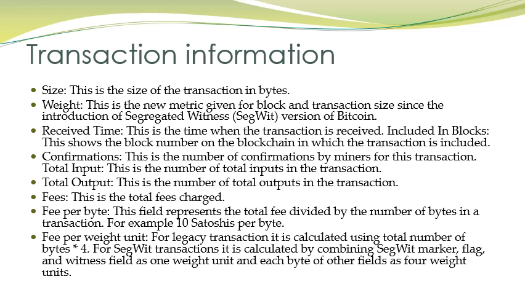Fee per byte represents the actual total fee divided by the number of bytes in a transaction, and fee per weight unit. So there are a number of fields, and these fields hold information about the transaction, and this information is with every transaction in the Bitcoin network.